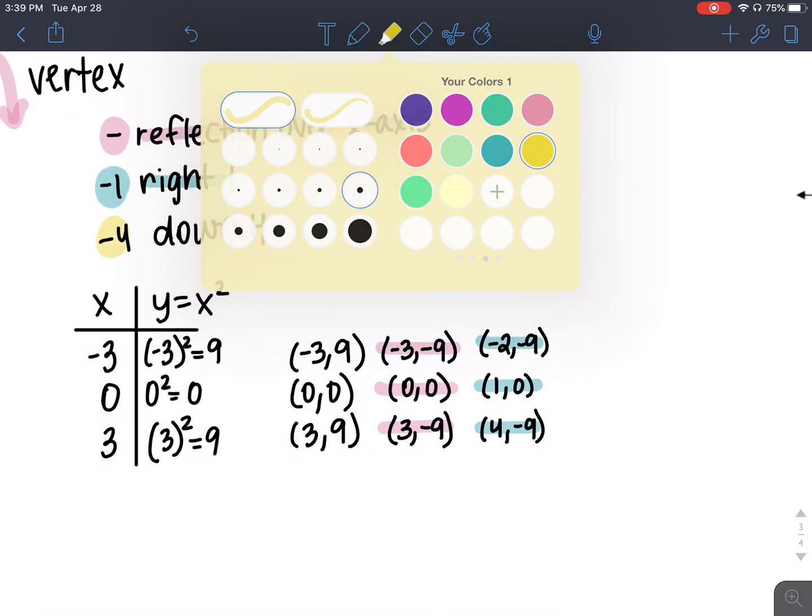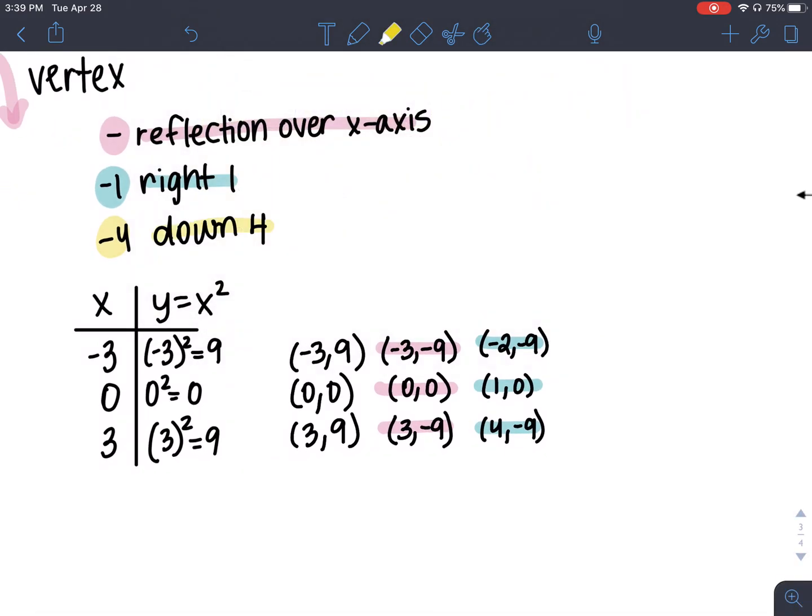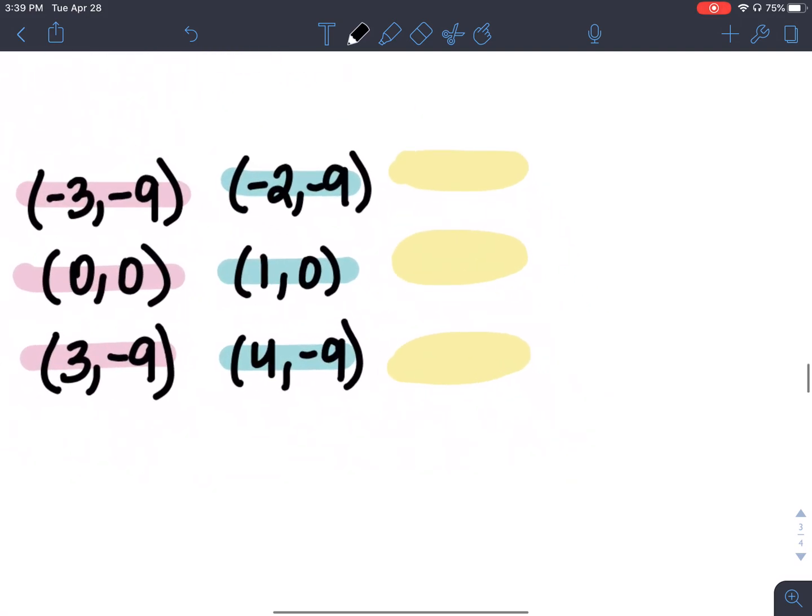And then I'm going to go down 4, which impacts my y values. Down 4.